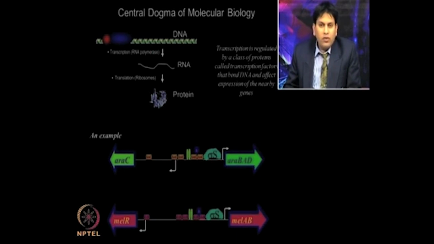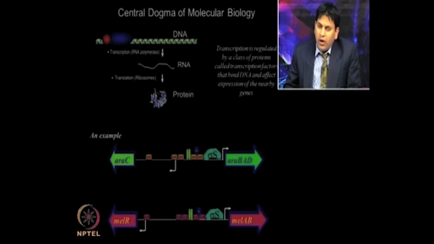There are many cases where multiple transcription factors bind to the upstream regions, as you can see in this case represented with the orange box as well as the blue circle where other transcription factors bind.